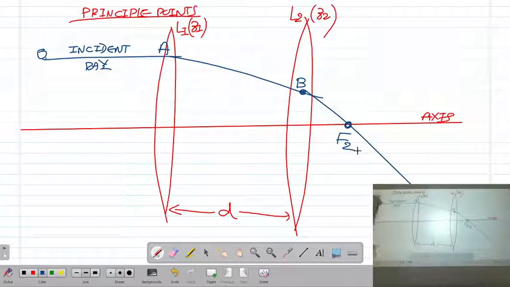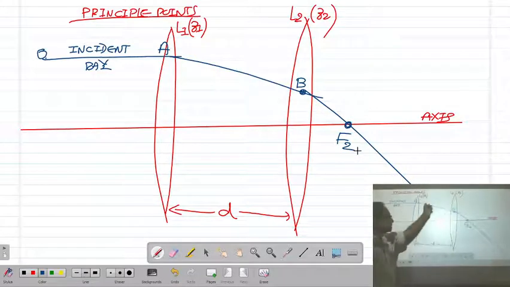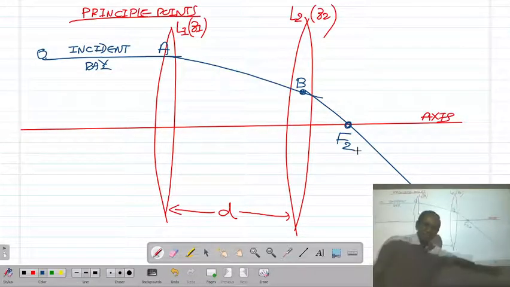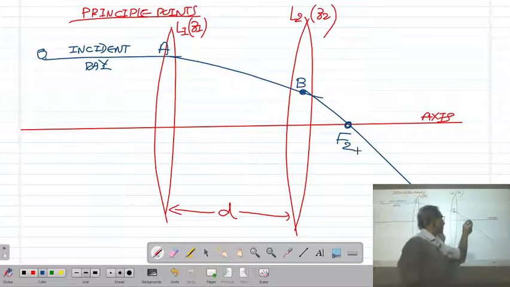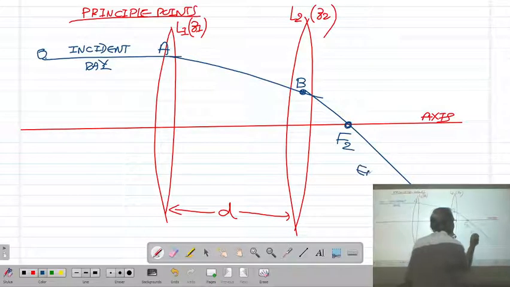So the ray of light OA traveling parallel to the axis is incident on the optical lens system consisting of two lenses L1 and L2. It undergoes refraction in the lens system and then emerges, passing through the point F2. This is the incident ray, this is the refracted ray, this is the emergent ray.